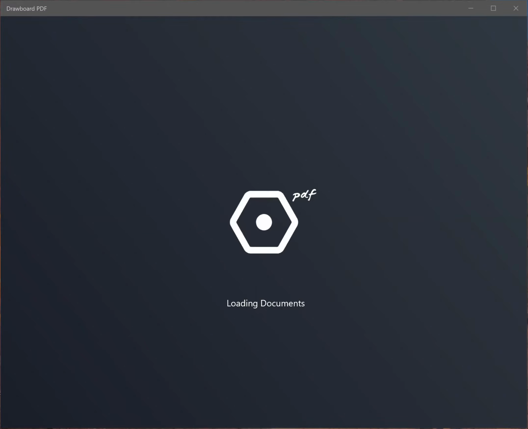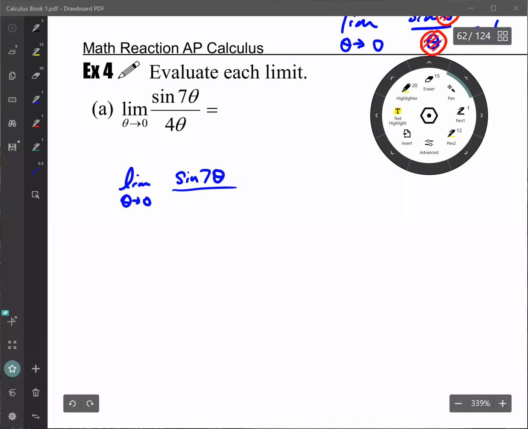Yep, it says loading documents. All right, so good, it's still saved.